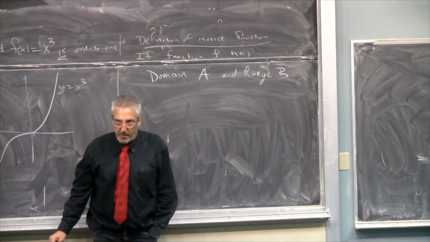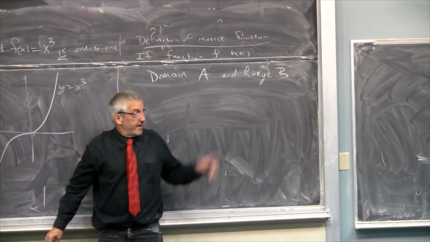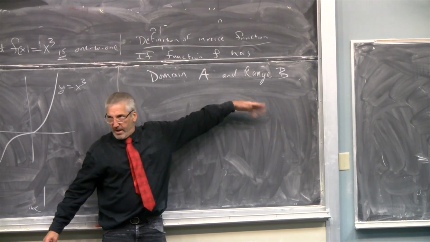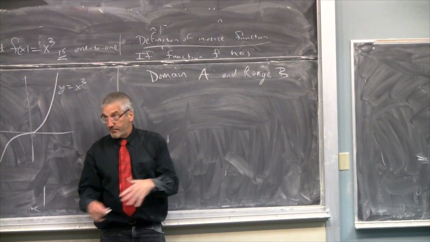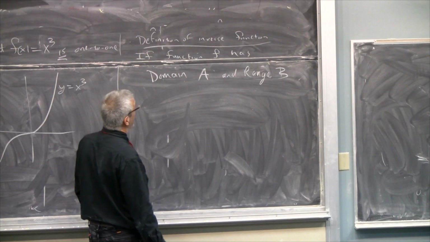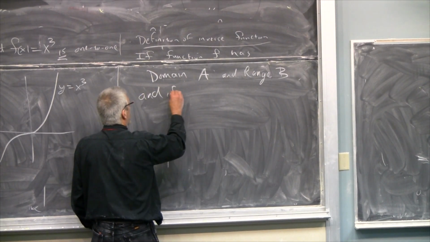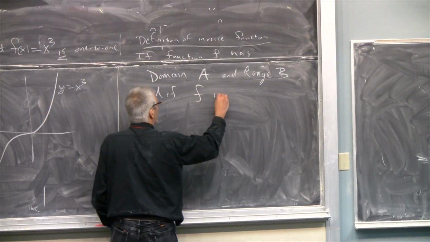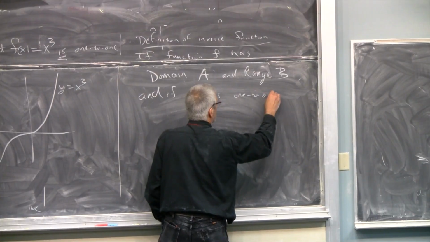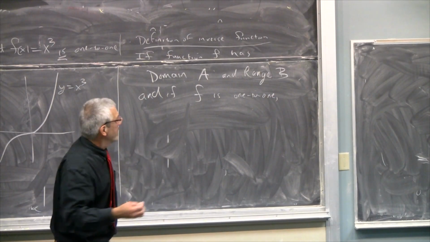Domain is the set of numbers that I can feed in as x values that will give me a y value. So that's the domain, denoted by some letter capital A. And this function has a range capital B. That's the set of numbers that actually come out. So if a function has that domain and that range, and if f is one-to-one, then there is a function called the inverse function.